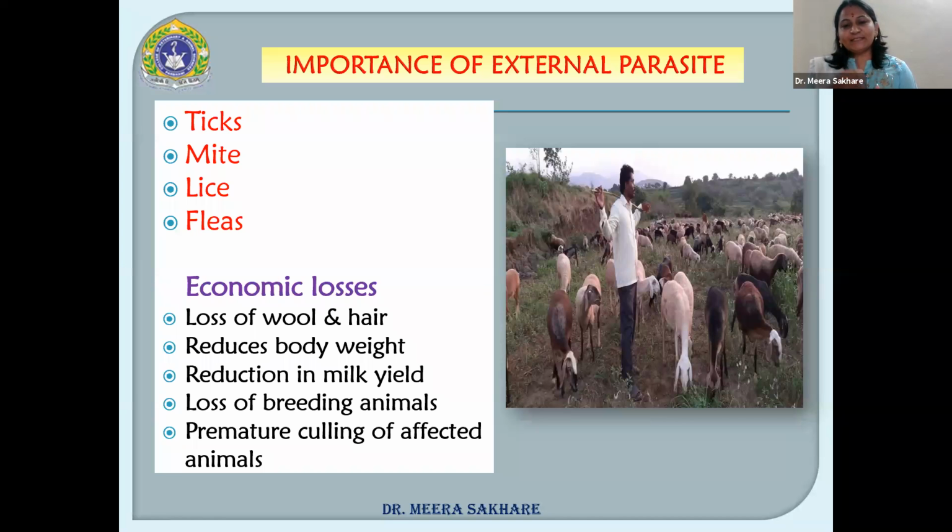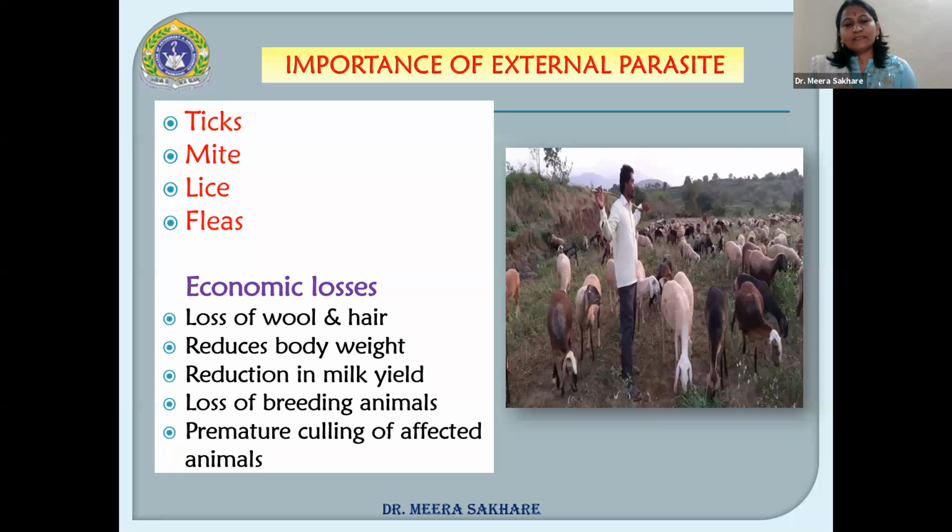Those skin diseases are very much neglected, especially in small ruminants. In canines, we are very much aware of skin diseases and we frequently take follow-up and are eager for diagnosis. But in small animals, due to no mortality, there is a neglect of appearance.